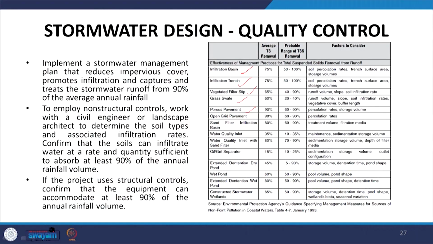So, when the water is retained through any of these strategies, it allows for solids to settle down, as we were seeing in the case of the infiltration trench or the grass strip. So, the soil which is carried, the pollutants which are carried along, and a lot of other solids which will be carried with the storm water when it goes with the flow, they will be held, they will be retained, and they will be removed from the water which further flows.